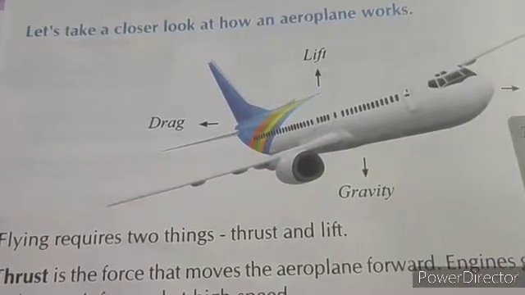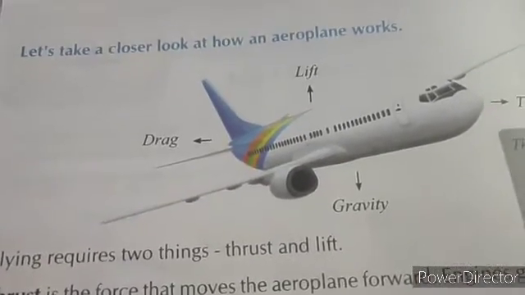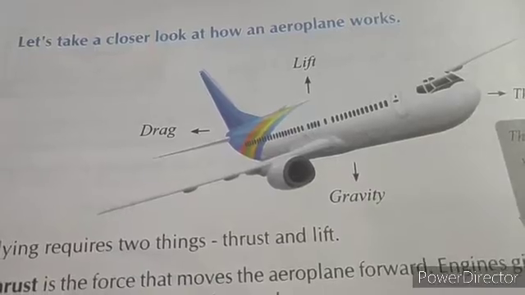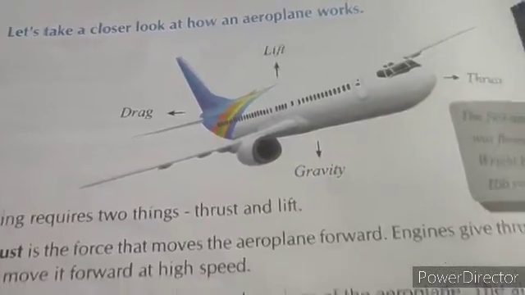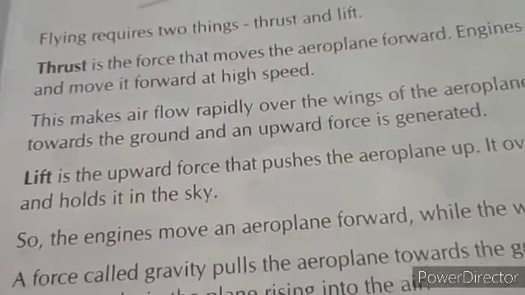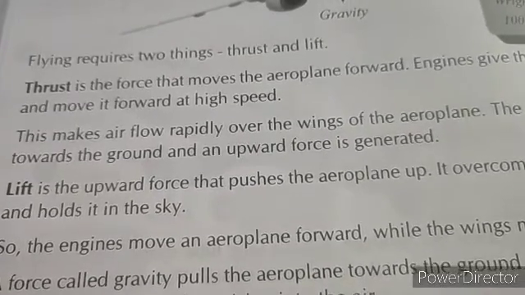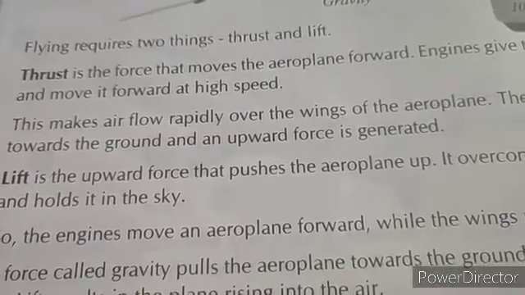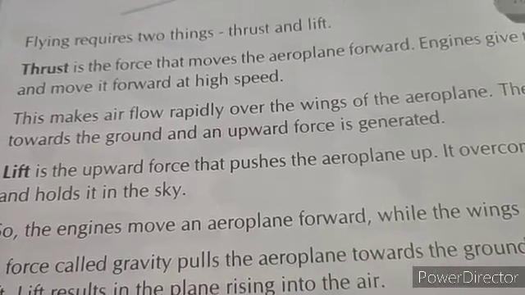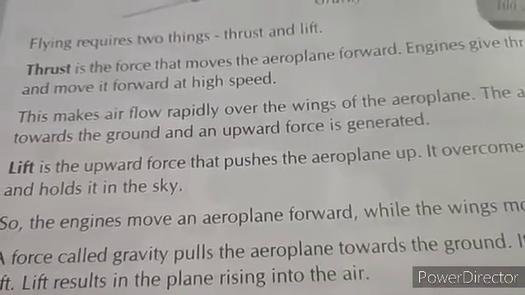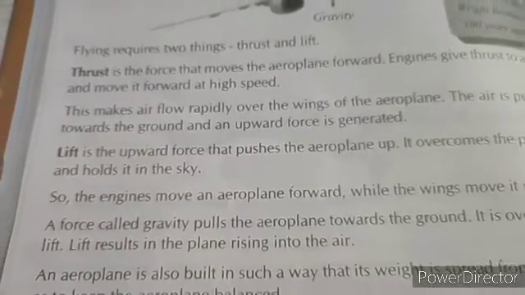Now come to next. Let us take a closer look at how an aeroplane works. Flying requires two things: thrust and lift. Thrust is the force that moves the aeroplane forward.